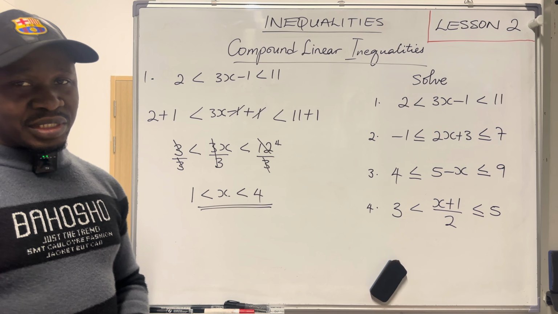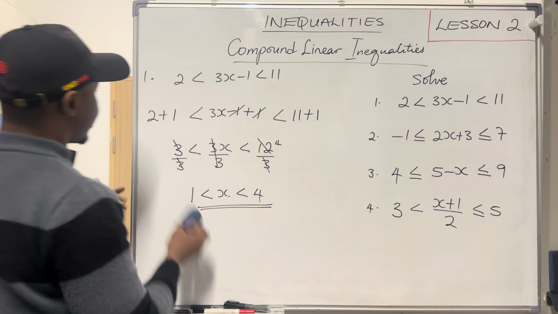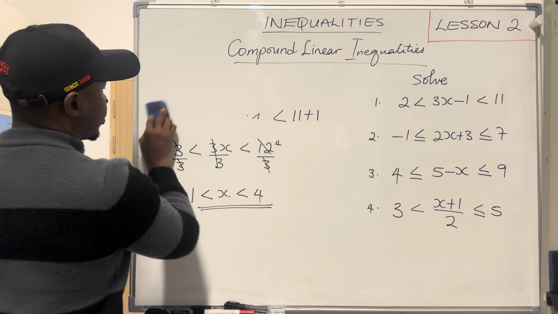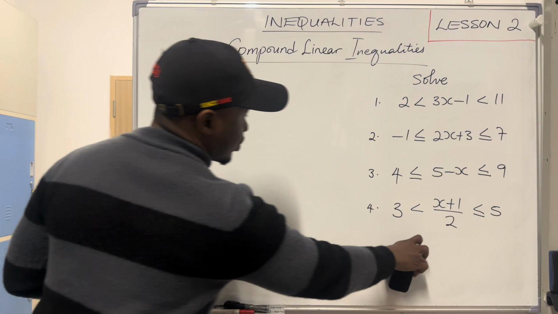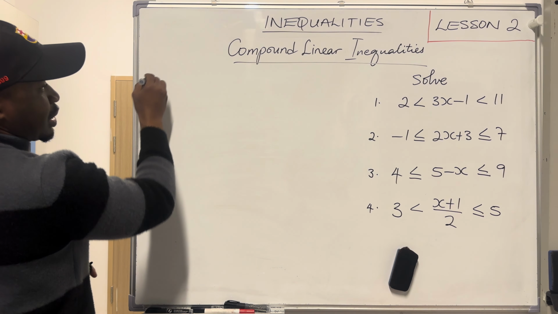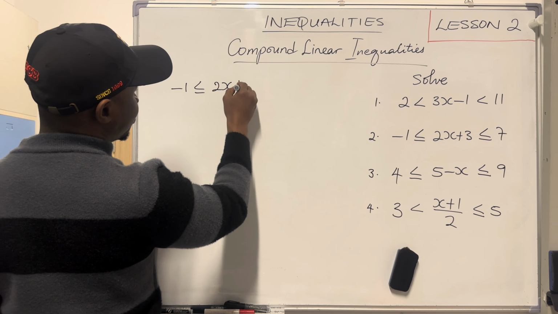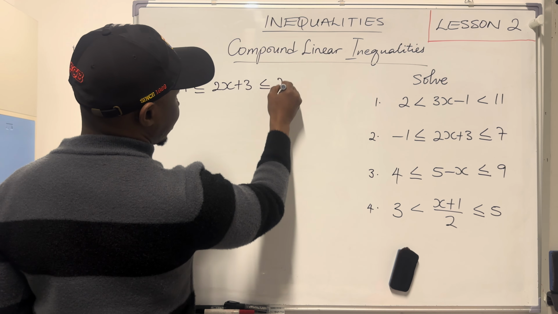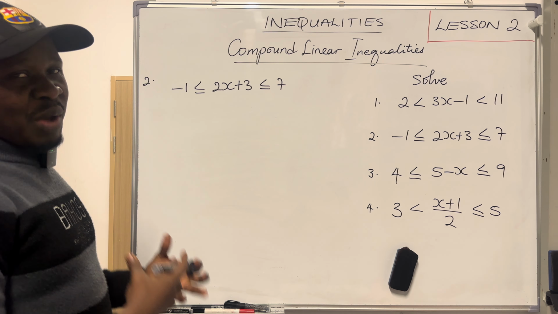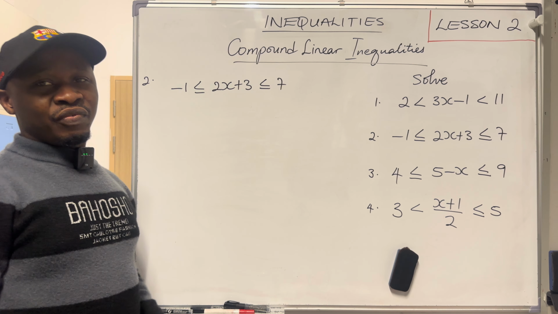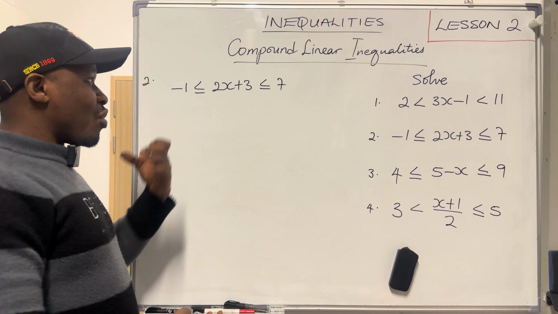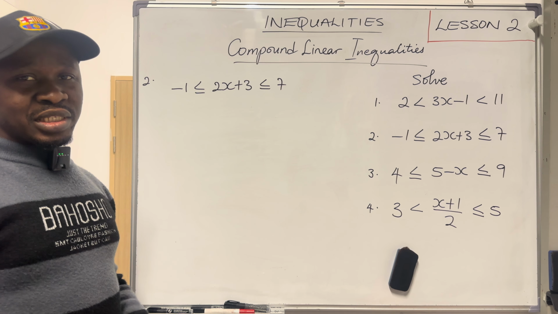Now let's go to the second one. It says minus 1 less than or equal to 2x plus 3 less than or equal to 7. The same thing applies everywhere for linear inequalities, for compound linear inequalities as well.